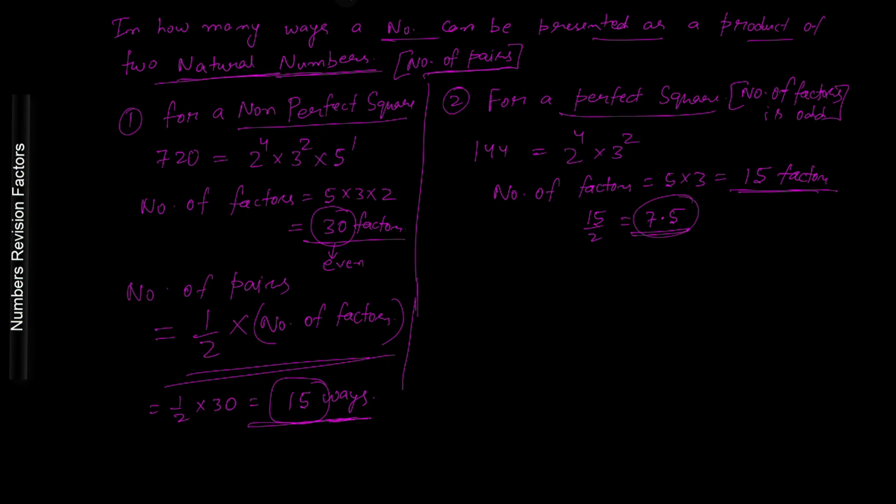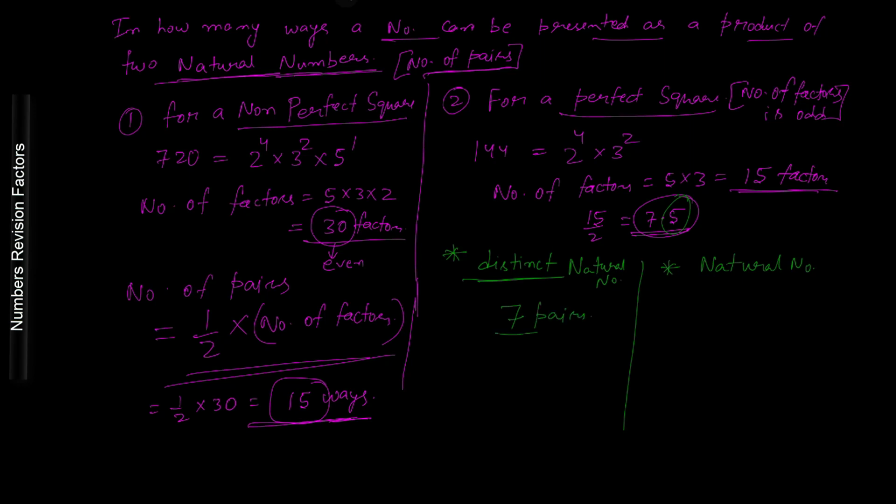So here you need to understand that there will always be 2 cases. Go back to the question and check. Does it say product of distinct natural numbers, or does it say simply natural numbers? So always go back to the question and check whether it says simply natural numbers or distinct natural numbers. If it is distinct natural numbers, then just remove the decimal part from here. So the answer would be 7 pairs.